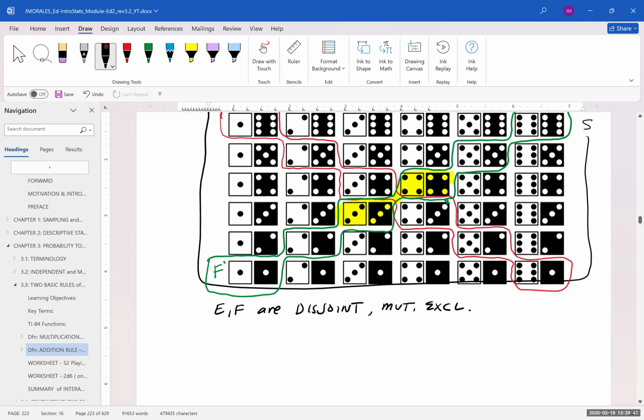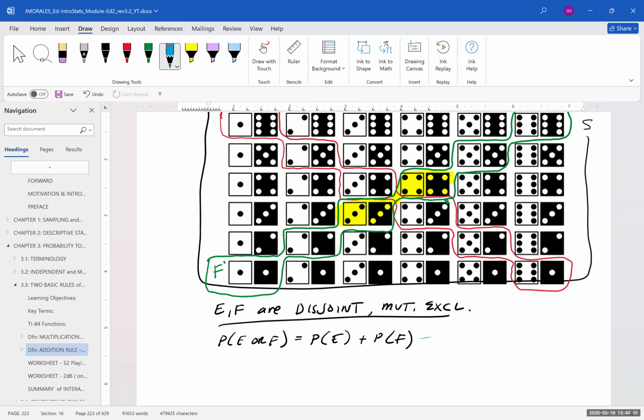Now, because of this, we could just dive right in and say the version of the addition rule we want to use is this one. Okay, great. If you know that, go for it. But let me go ahead and put in here this term, which was in the other version.